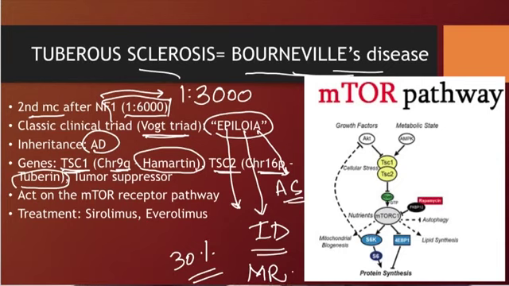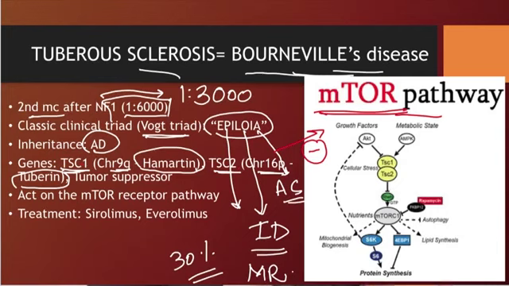Now hamartin and tuberin together form a dimer which negatively inhibits a pathway called the mTOR pathway. The mTOR pathway is the one which upregulates protein synthesis, and TSC1 and 2 are tumor suppressor genes which negatively influence the mTOR pathway.